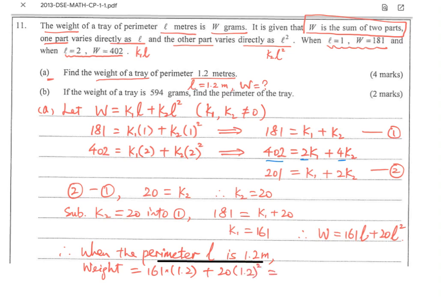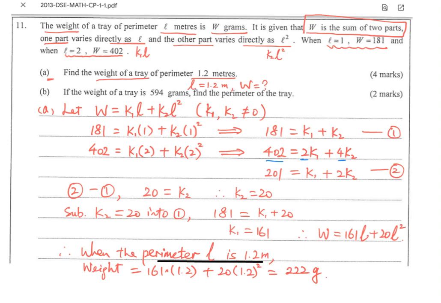So we can use calculator to get the final answer. So 161 times 1.2 plus 20 times 1.2 to the power 2, which is the weight is 222 grams. Okay, this is part A's answer.